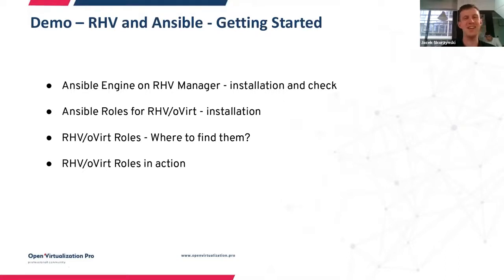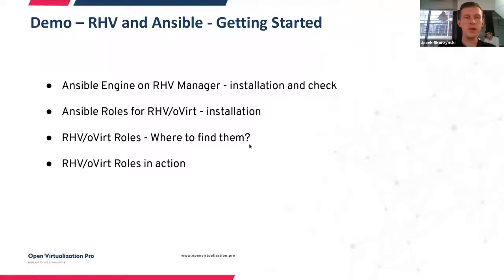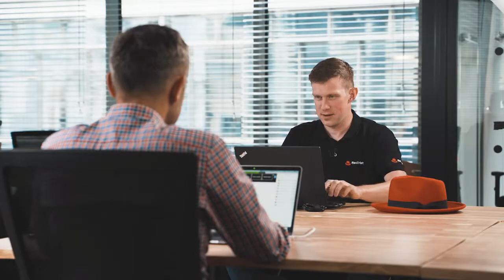Then I will guide you through the Ansible role installation, where to find the roles, how to modify them, where to find the examples and so on. Then we will go into the Ansible oVirt roles GitHub and see what's in the oVirt infra role, what we can set up, how we can use it, and then finally we will start it. It will be, I hope, pretty fast. Okay. Yeah. Okay. So let's move on.